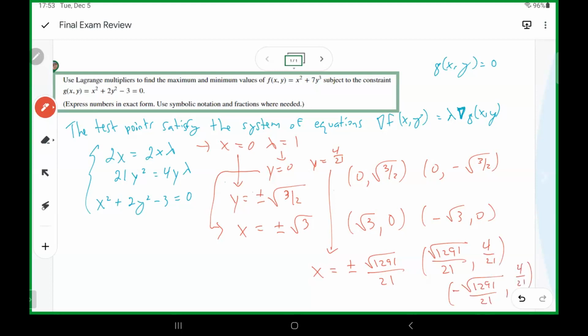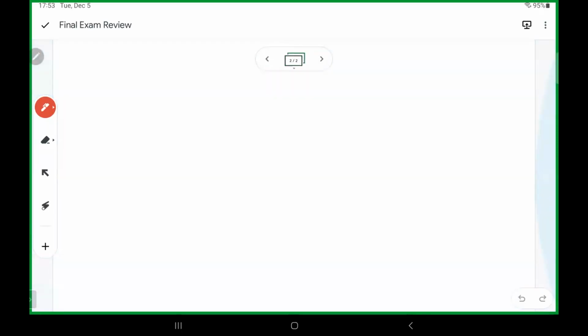Okay. So then, to finish it out, you just have to put them into the function. The function is f of x, y equals x squared plus 7y cubed.